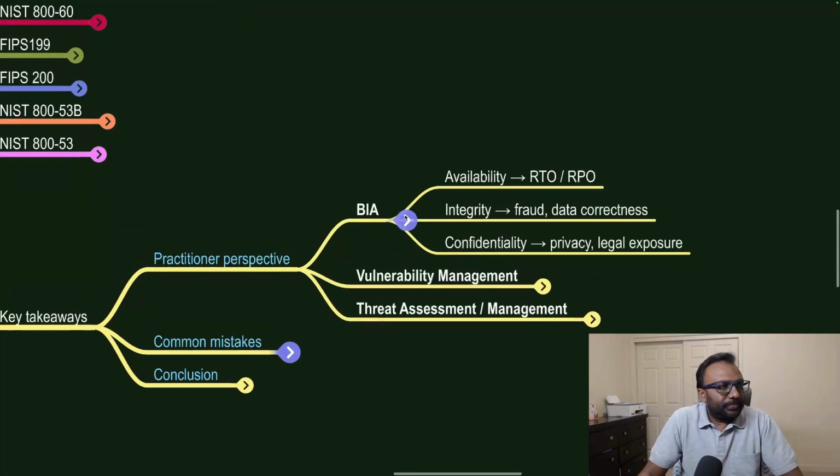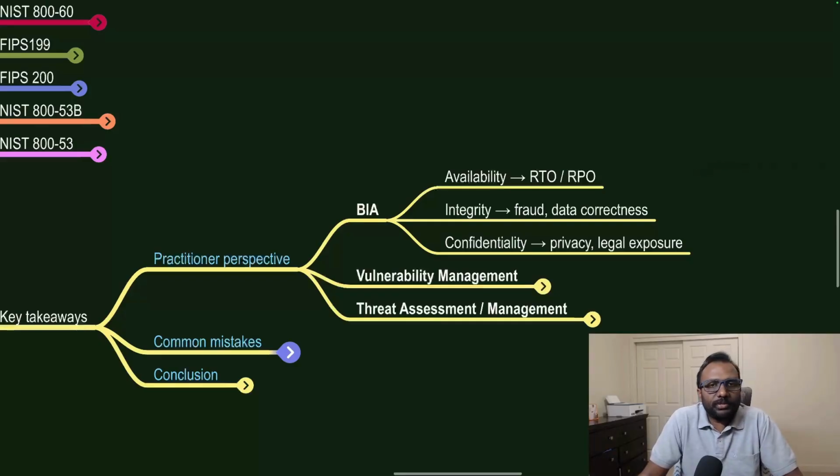From a practitioner perspective, when we talk about the BIA, business impact analysis, we mainly do it for the proper implementation of security controls, the disaster recovery plan and the business continuity plan. For availability there is the RTO, recovery time objective: how much time it takes to bring a system back when it is down. And the RPO, recovery point objective: how much data loss I can suffer.